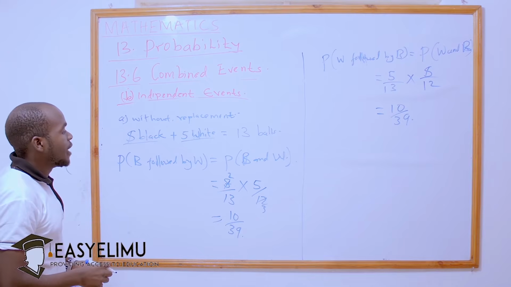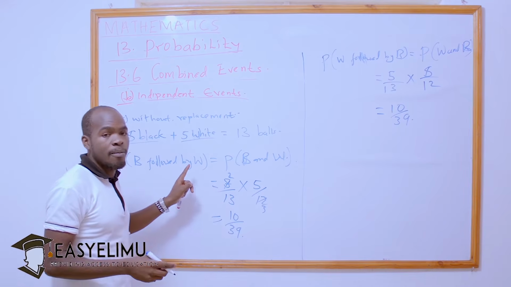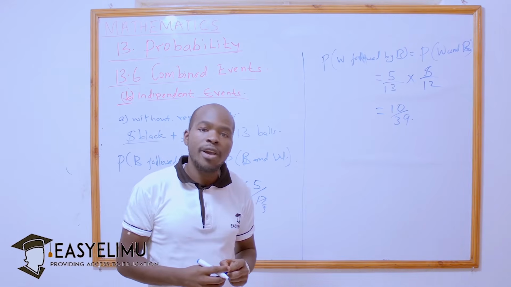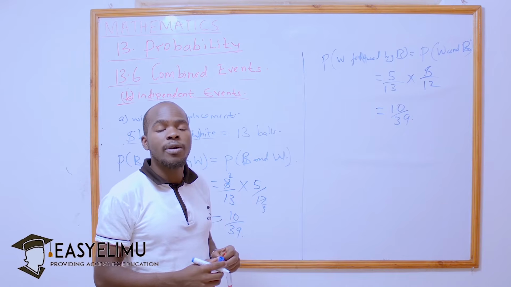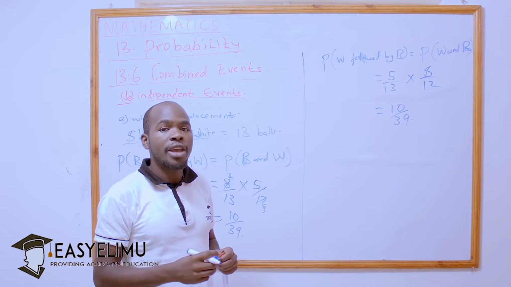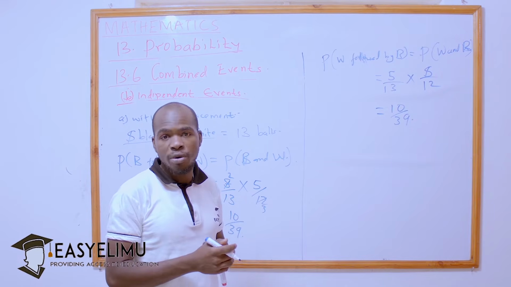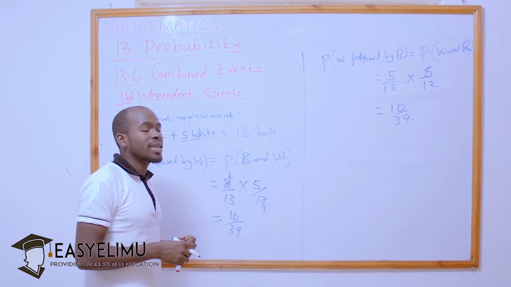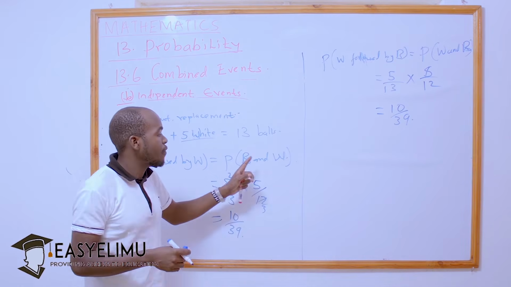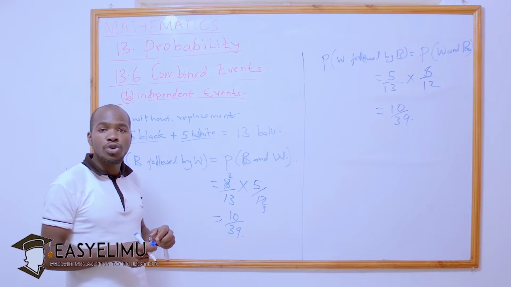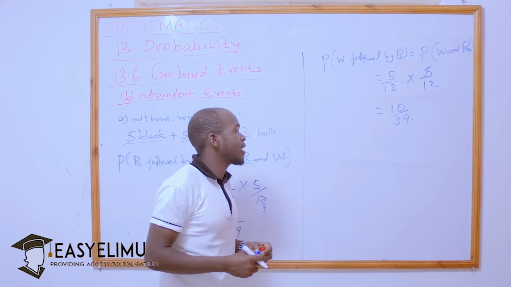And remember, the event here of the first pick and then the second pick is an independent event, because picking of the first ball does not influence the picking of the second ball. That's why it is an independent event. But after picking, where you have picked white followed by black, or black followed by white, it is a mutually exclusive event, because this one or that one will give us a probability.